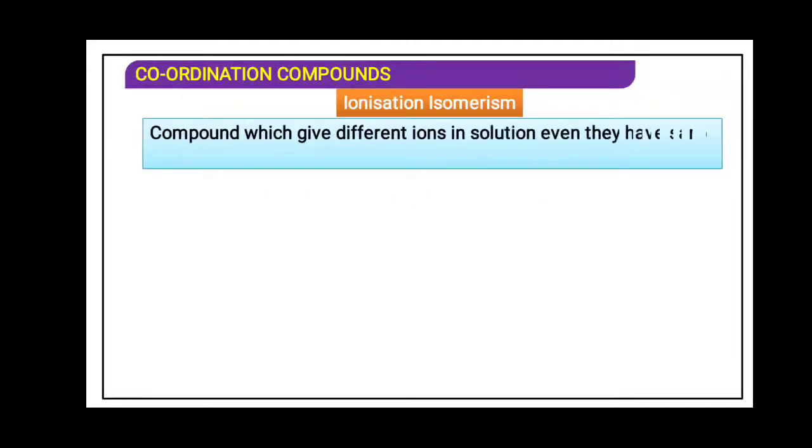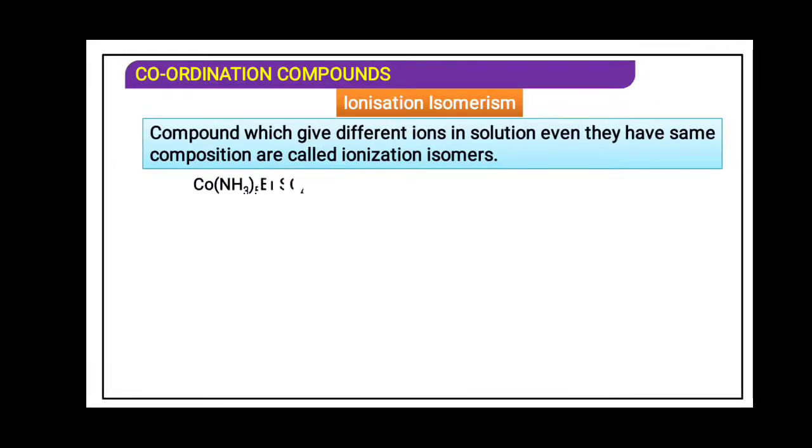First we will study structural isomerism. Compounds which give different ions in solution, even though they have the same composition, are called ionization isomers. In simple words, considering this an example, here the square bracket is missing.